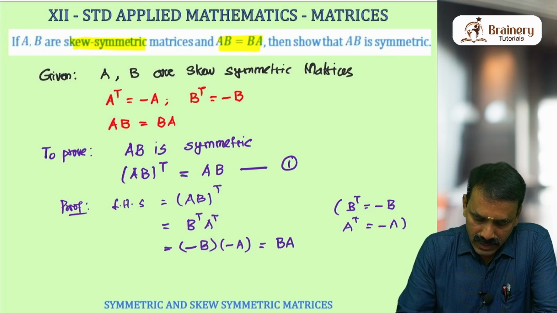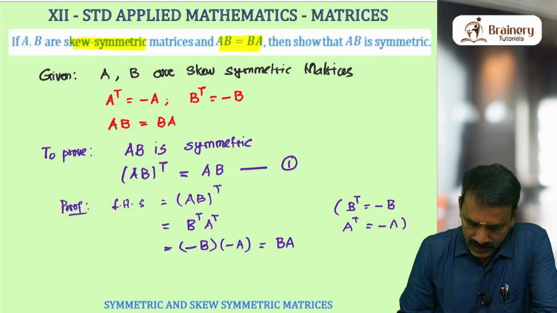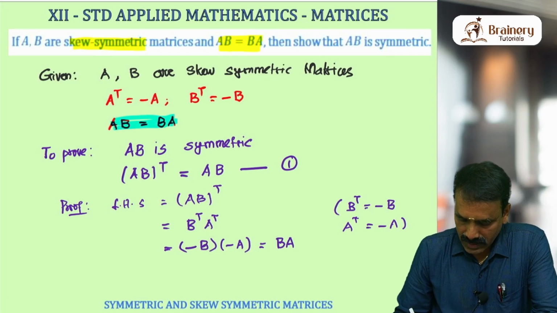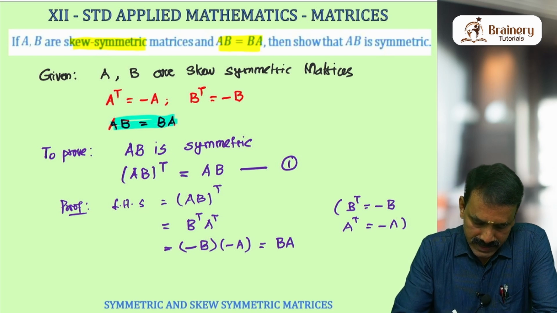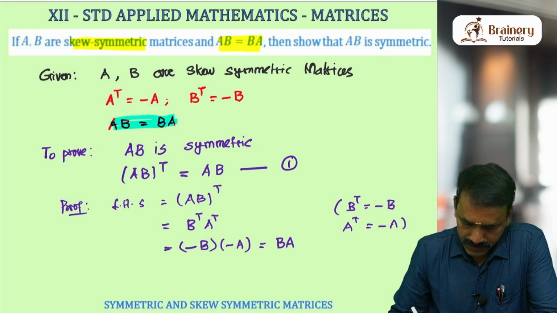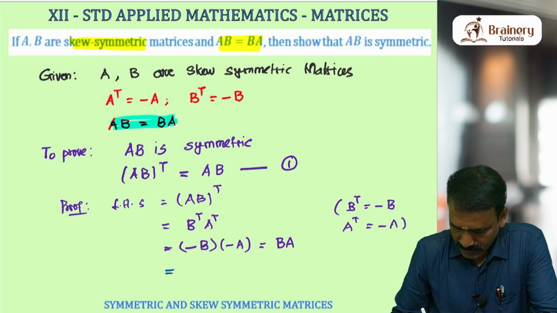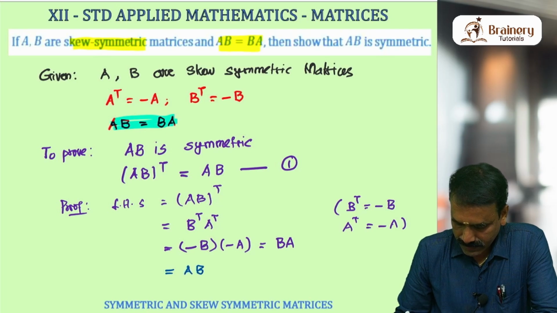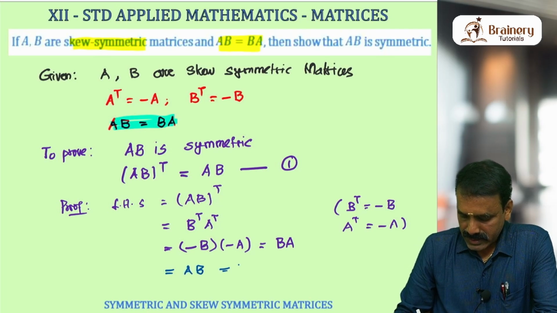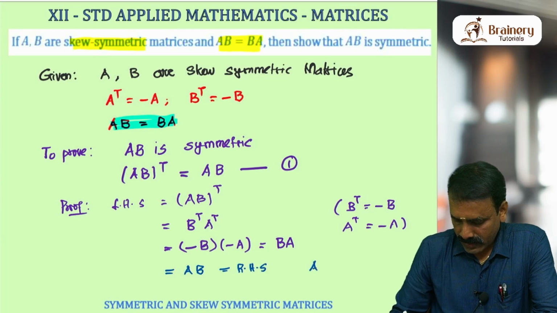And now we are going to use the idea of AB is equal to BA. So BA can be written as AB, which is your RHS. So we proved AB whole transpose is equal to AB itself.